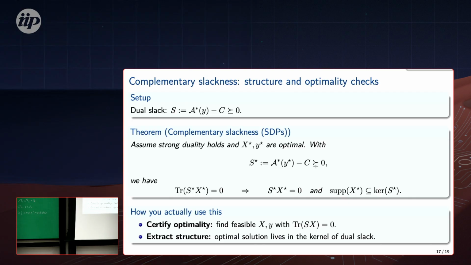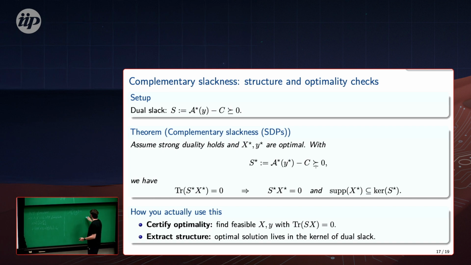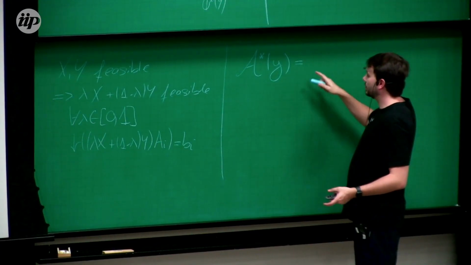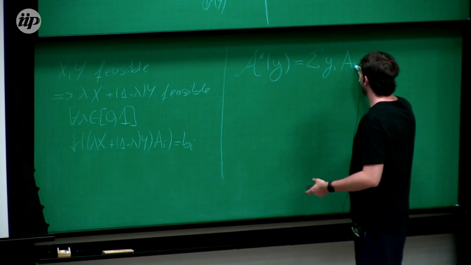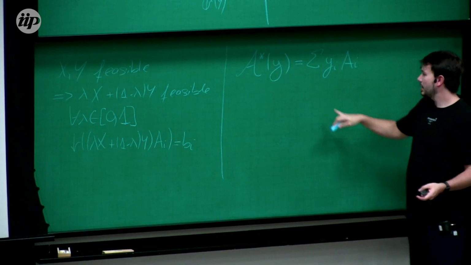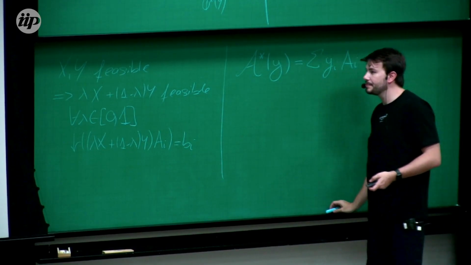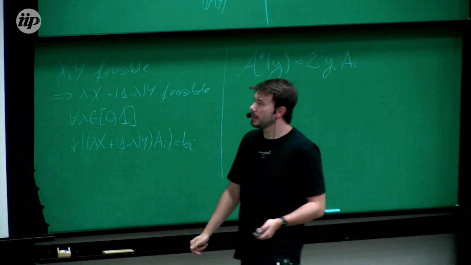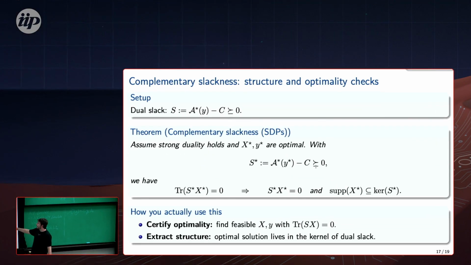So this A star of Y is just the map that maps your vector Y into this thing. So it maps the vector into the linear combination of matrices. It has to satisfy this condition.